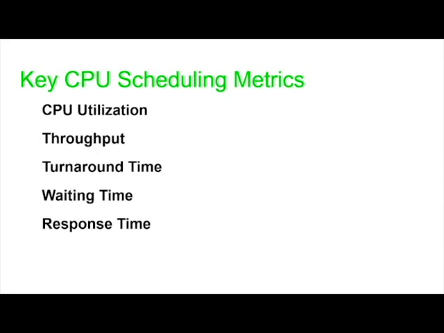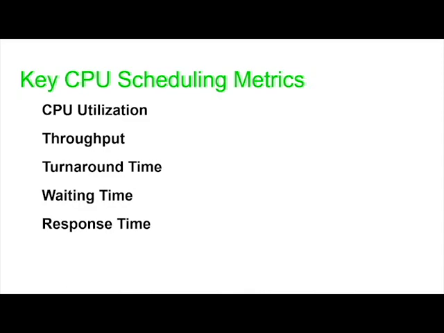The next topic is key CPU scheduling metrics. When evaluating these algorithms, the OS looks at CPU utilization, which keeps the CPU as busy as possible. Throughput is the number of processes completed per unit time. Turnaround time is the total time from process arrival to completion.